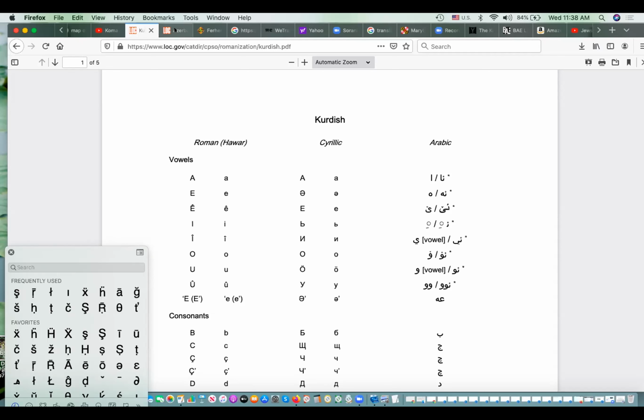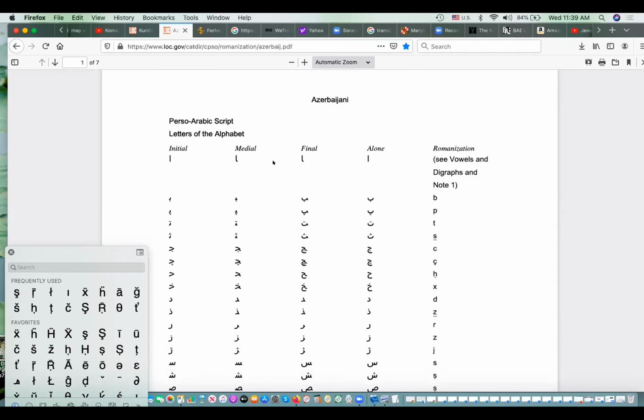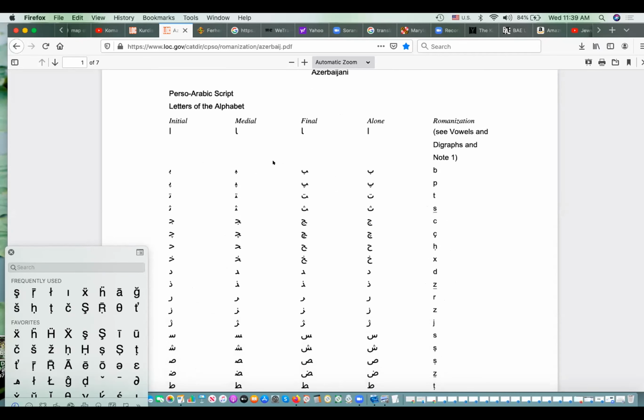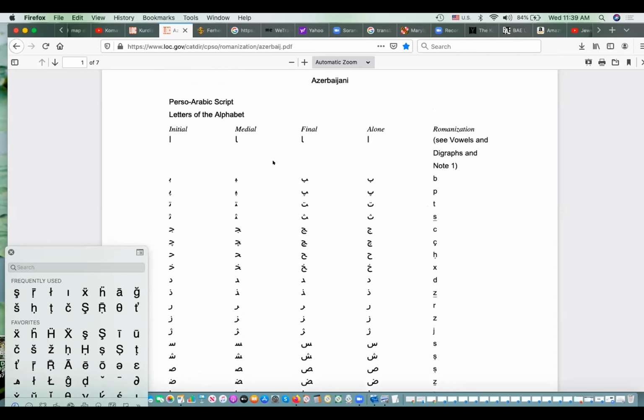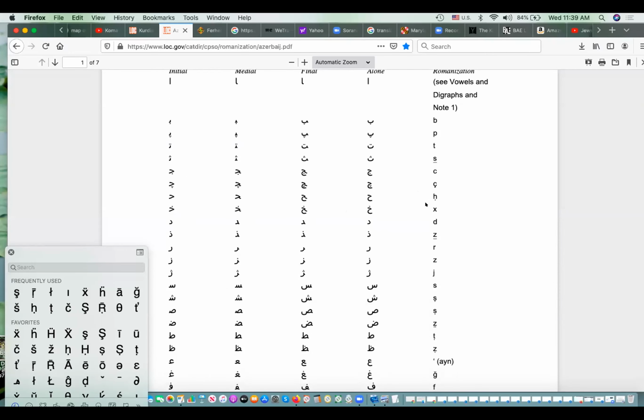Now, if we compare that with Azerbaijani, I catalog books in Azerbaijani, Uzbek, and Uyghur, and possibly also a little bit of Turkmen when they're written in the Arabic script. So the Azerbaijani Romanization scheme is here, and whenever possible, it agrees with the Latin one.